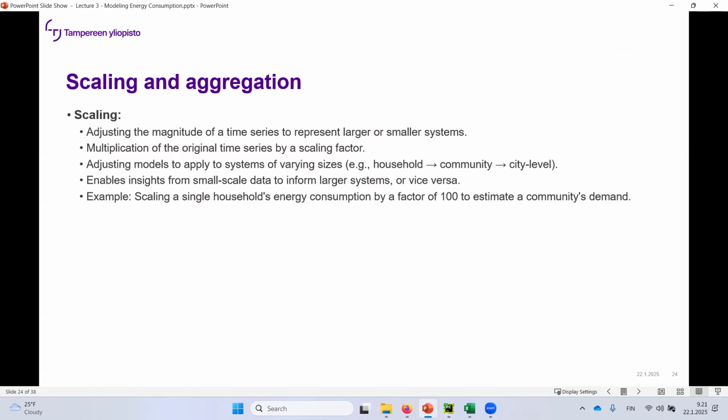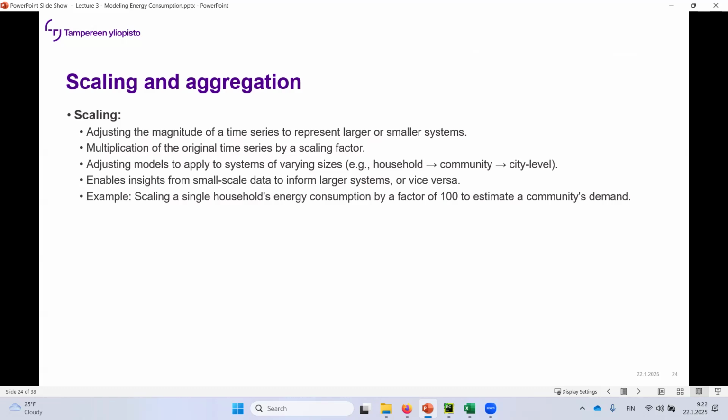Scaling and aggregation. So I'm thinking at its most simple form, scaling is multiplying the existing consumption data, and aggregation is kind of summing them up.